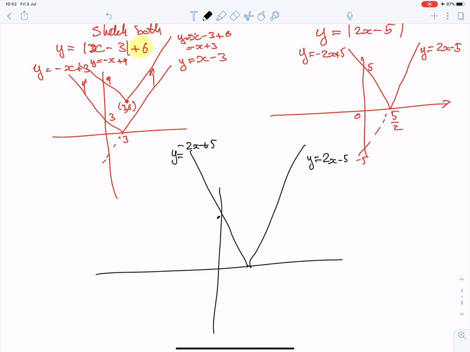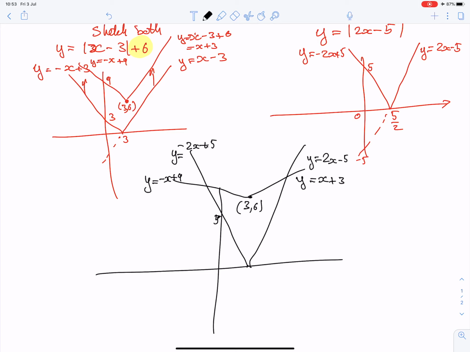Then we've got a point at 3, 6, which is above that. But these are shallower. Yeah, they've got gradient 1. So this would be y equals x plus 3. And this line here is y equals minus x plus 9.